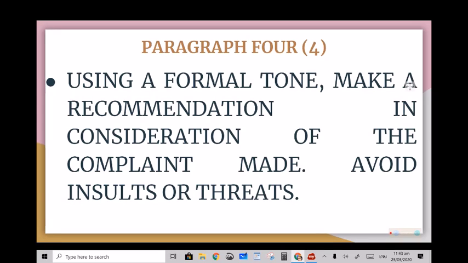Paragraph 4, which is the last paragraph, using a formal tone, make a recommendation in consideration of the complaint made. Avoid insults or threats. A lot of times in reading students' essays, for their final paragraph, they start making threats to the organization, which is not necessary.